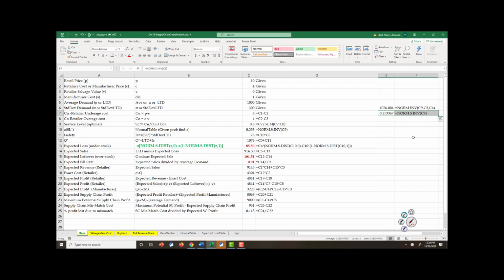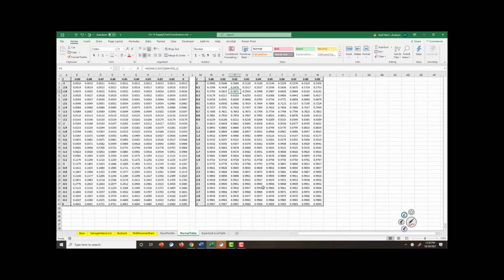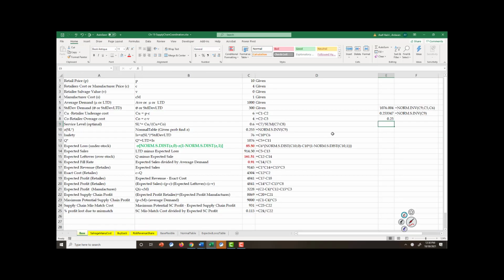I will explain it later. For the table, we need to go to 0.6: 0.58, 0.59, 0.6. This one is closer. My z value is 0.25. It is not the exact value for this service level, but it is close enough. Whenever we don't have access to a computer, we may just simply use the normal table.